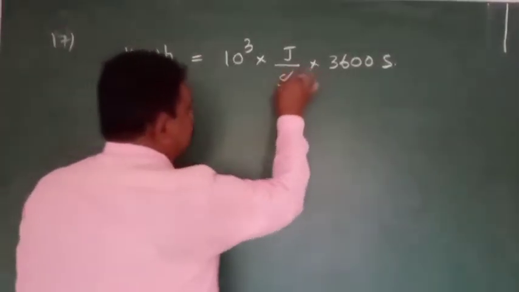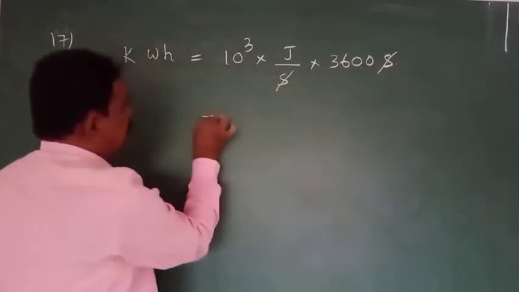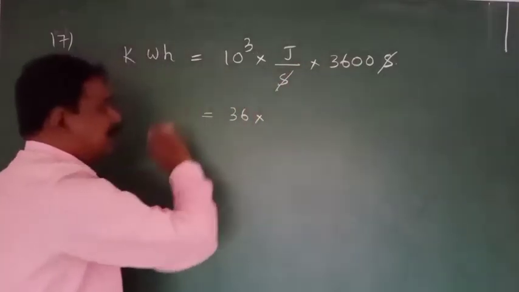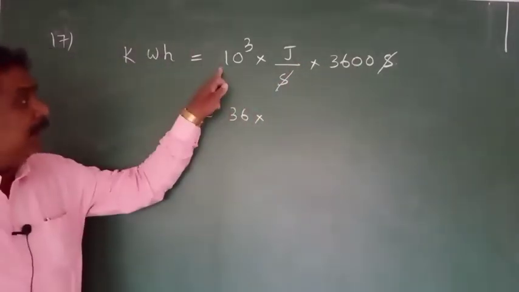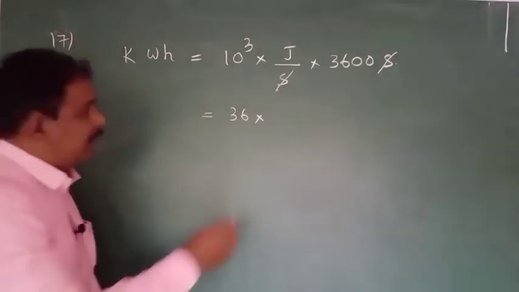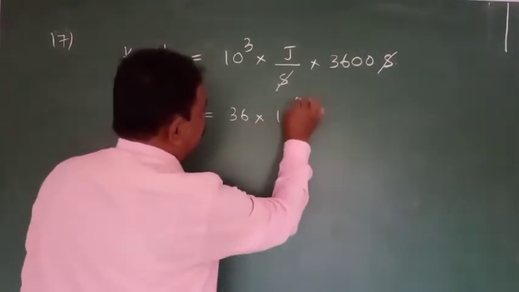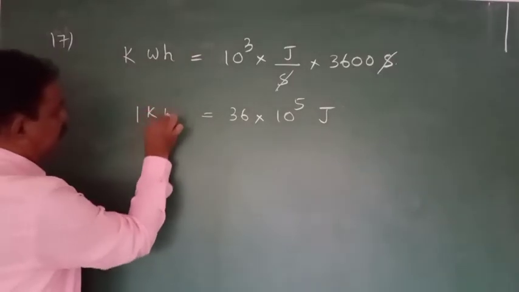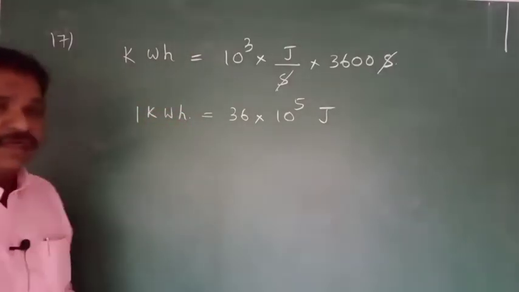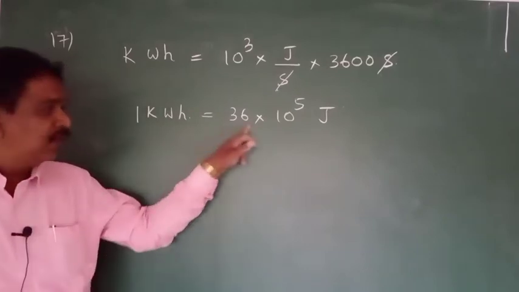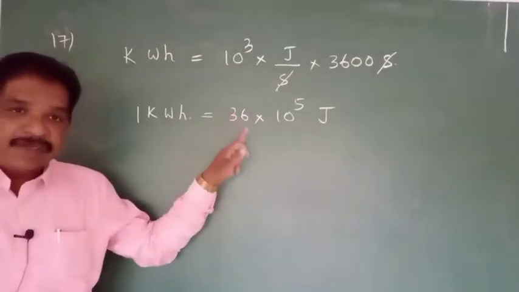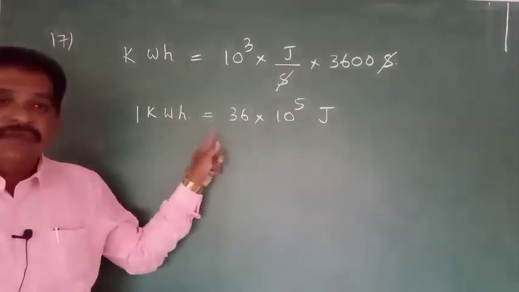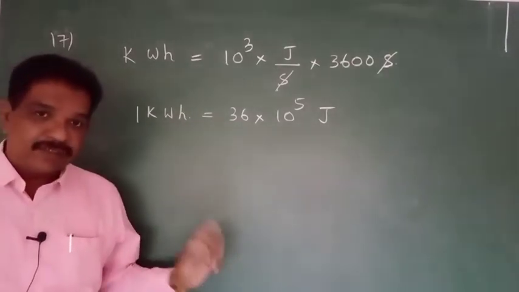So the seconds will cancel. This is 36 into, here 2 zeros are there, so 10 square, and here 10 cube is there. Finally it becomes 10 power 5 joules. So 1 kilowatt hour is nothing but 36 into 10 power 5 joules. This is the largest unit of energy. So kilowatt hour is the unit of energy.